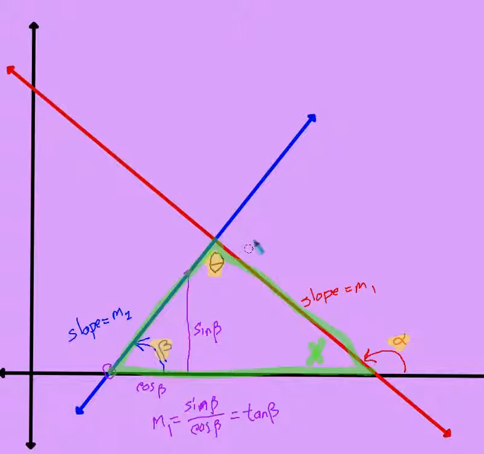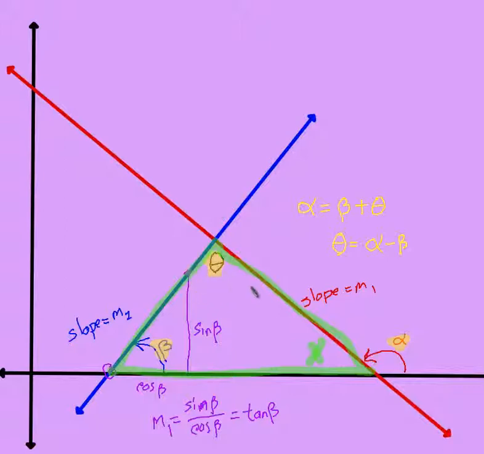So we can write that alpha is equal to beta plus theta. And then if we solve that for theta, theta is equal to alpha minus beta.